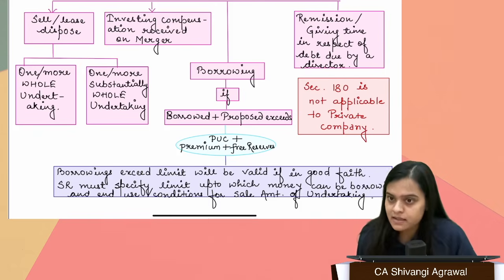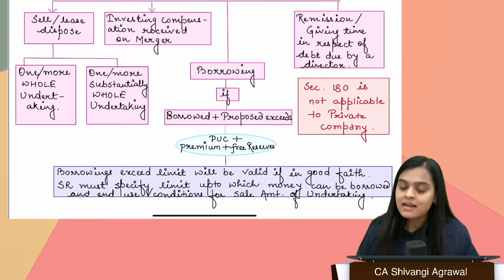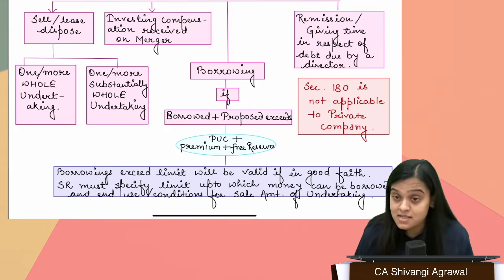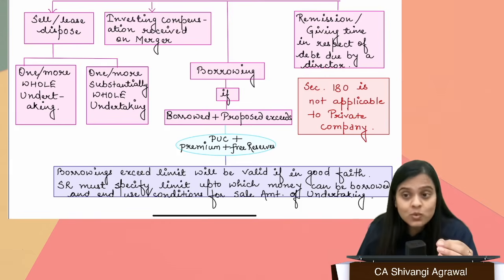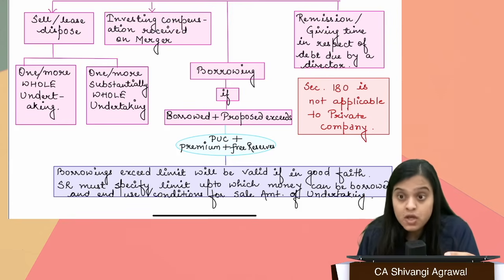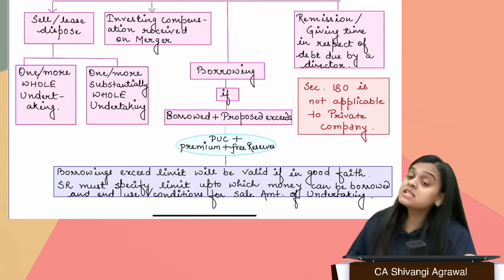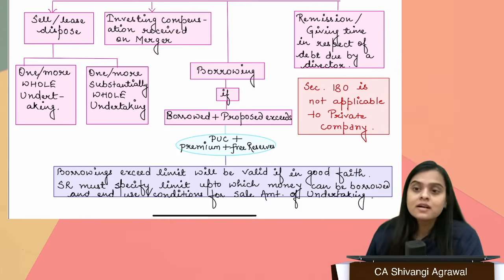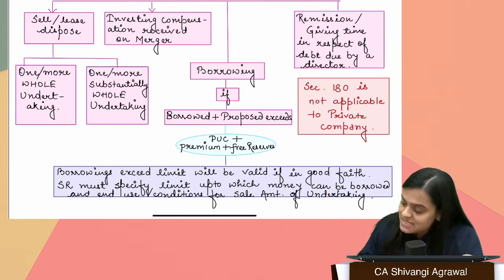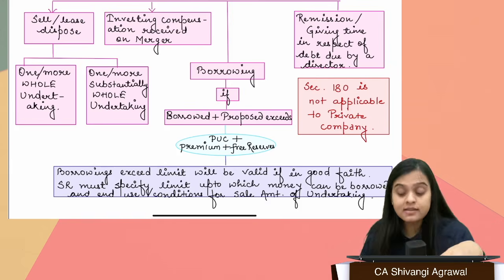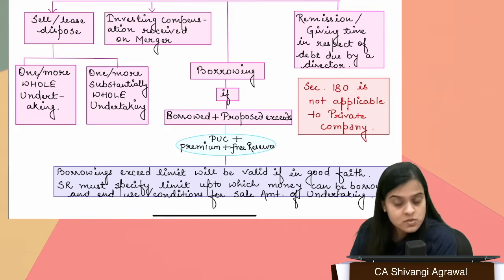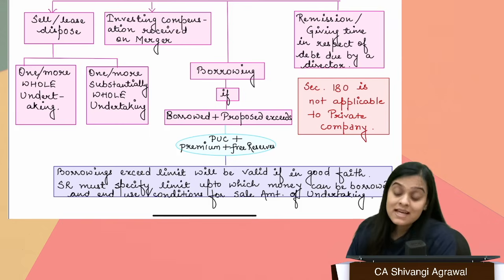So what is an undertaking? Undertaking means either you have invested more than 20% of your net worth, or that undertaking is generating 20% or more of the income. So if it satisfies any of the two criteria, then that is going to be called an undertaking.